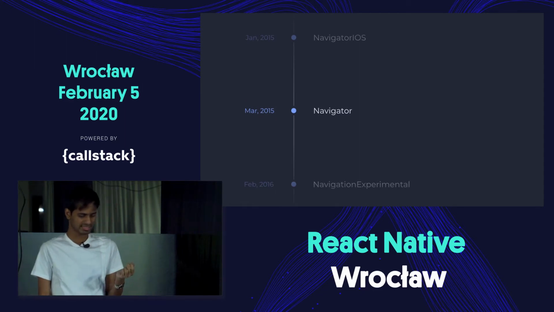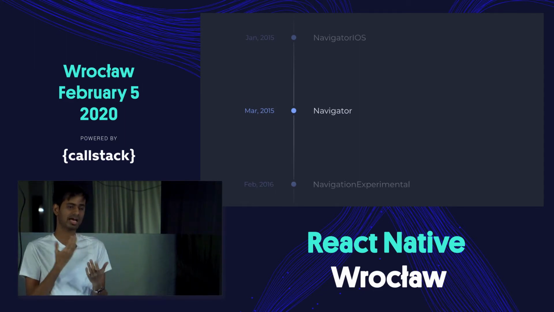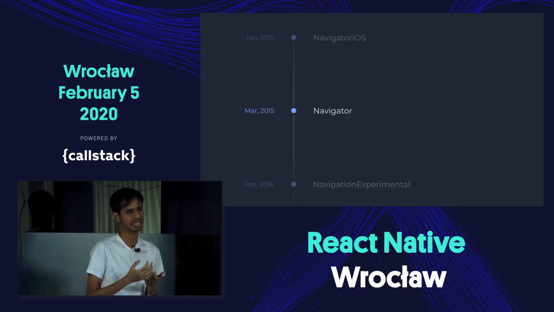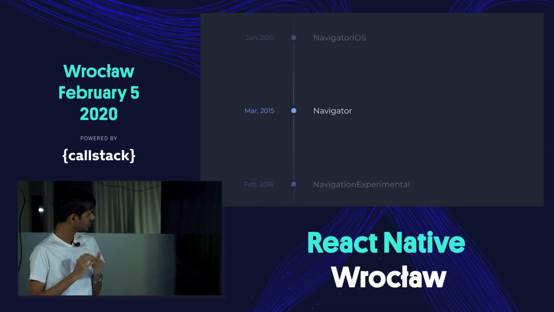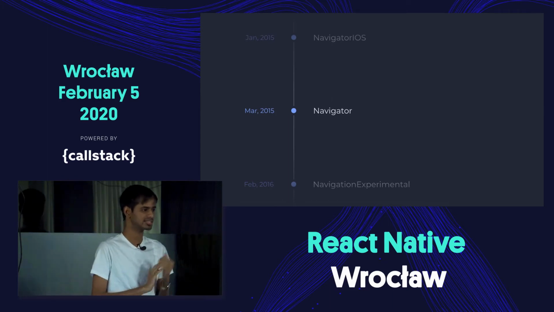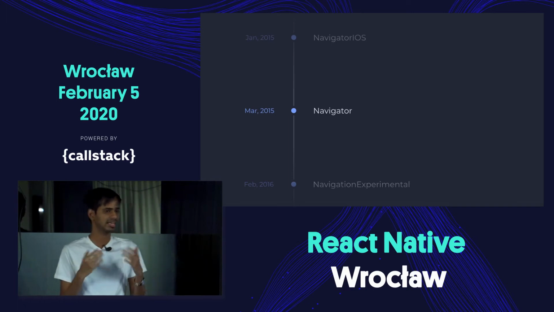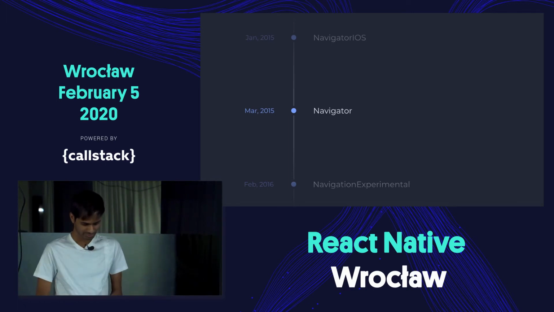So then React Native added support for Android, and we needed a new navigator because we could not use NavigatorIOS on Android. So the next one is Navigator. This Navigator component was written in pure JavaScript, unlike NavigatorIOS, which was native.